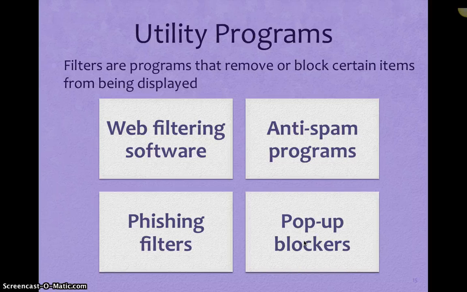Many libraries have put internet filters on their computers, and those filters prevent people from going to questionable websites. But there's a lot of debate back and forth whether that is the right thing to do or not.